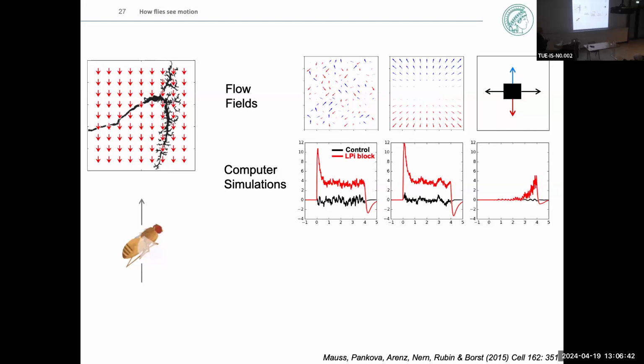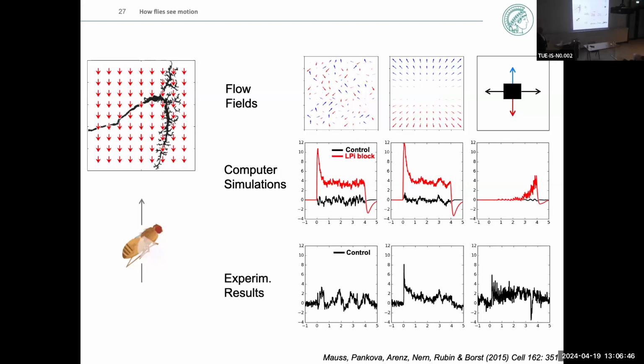And now Alex did these experiments. First, he recorded from intact flies with everything intact. You see very little response to these different flow fields. But when we block the LPi cells, then all of a sudden you get a very strong response.